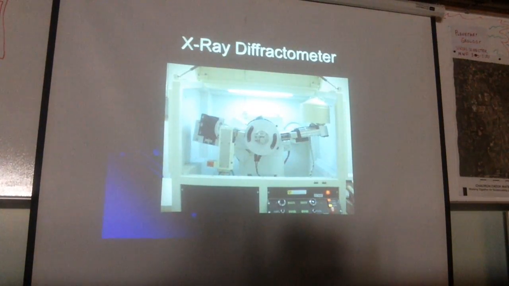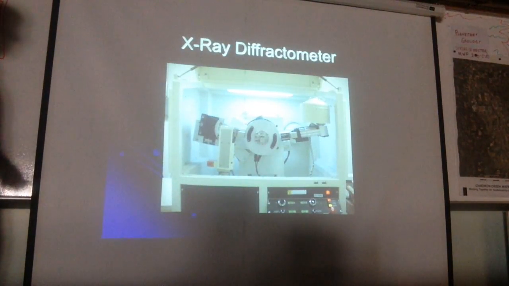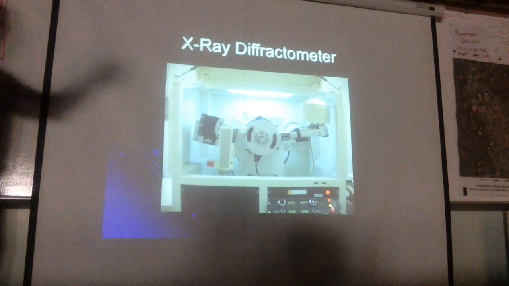Some other sample trays are kind of circular, and you put your powder sample in here. And some XRDs, the nice ones, have multiple sample trays, so you can just throw in like 6 samples or 12 samples and then come back when it's all done.